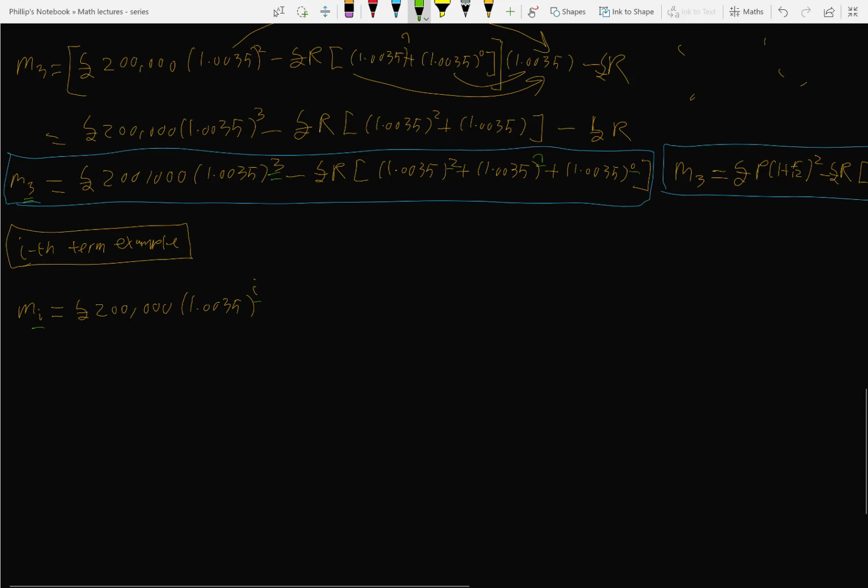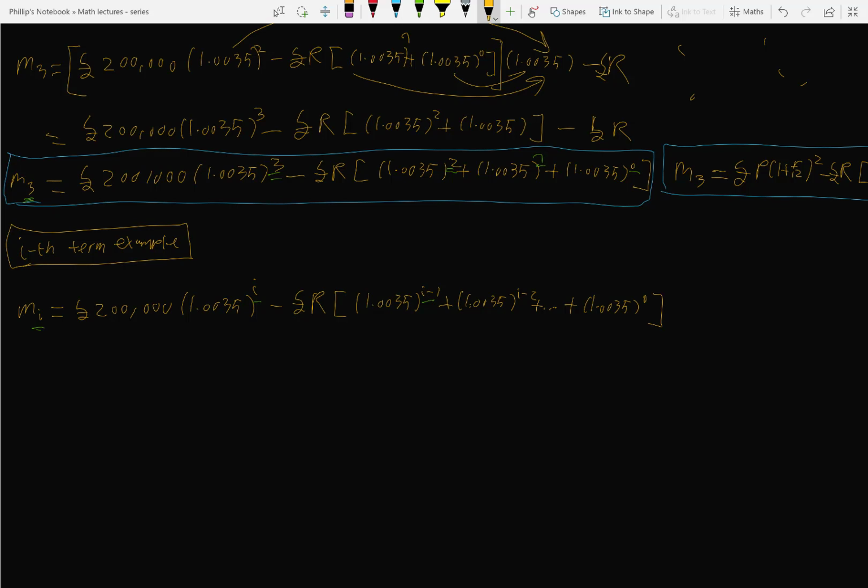And then we're going to take off capital R. And how we sum the second, we're summing everything from 0 to I minus 1 here, or to 3 minus 1 here. So in this case, we'll have 1.0035 to the I minus 1. That 2 is 1 less than the 3. This I minus 1 is 1 less than the I. And we're going to sum up, so we're going to have 1 less than that, 1.0035 to the I minus 2, dot dot dot, times by 1.0035 to the 0.